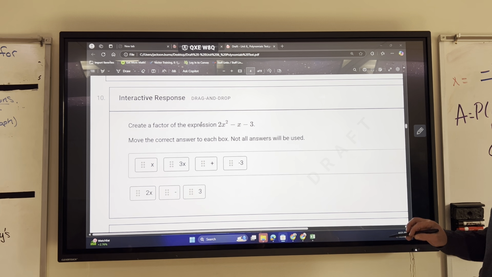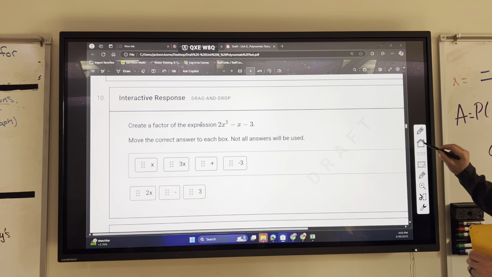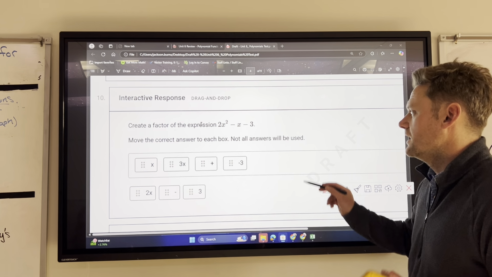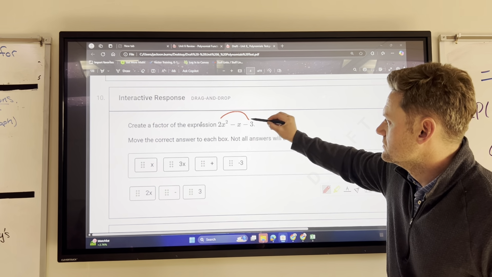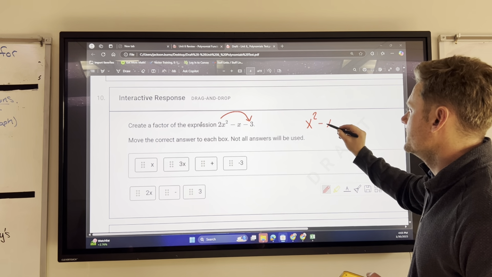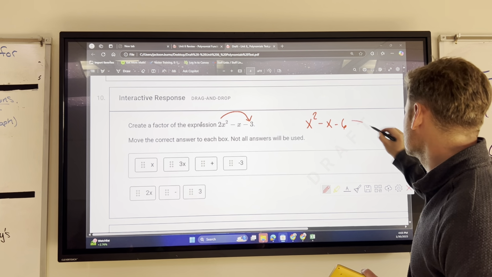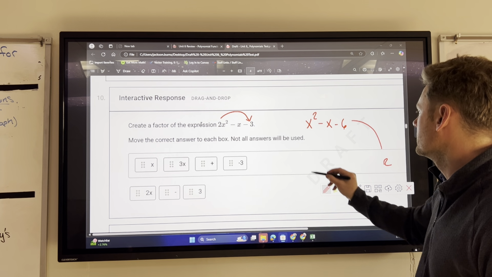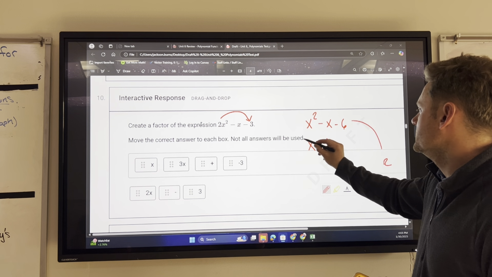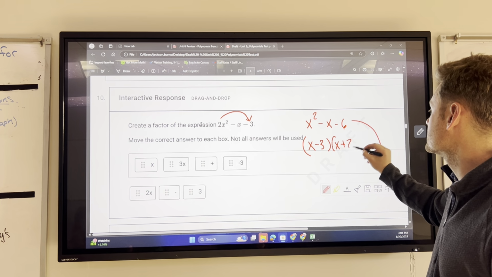Create a factor for the expression 2x squared minus x minus 3. Not all answers will be used. So, I need to factor it. 2 times 3, so I end up with x squared minus x minus 6. I put my 2 down here in the corner. This is going to factor into x minus 3 times x plus 2.